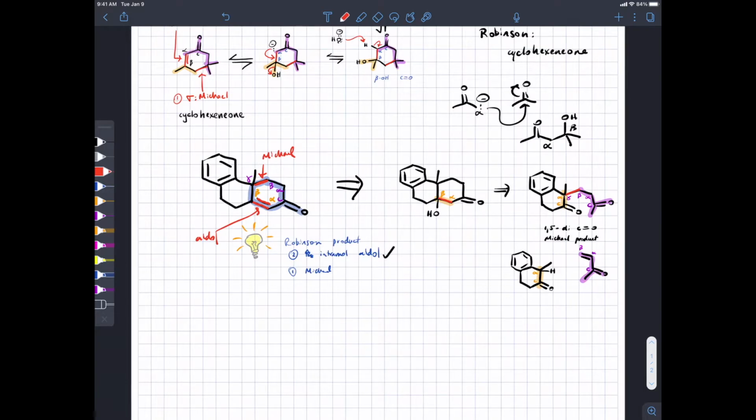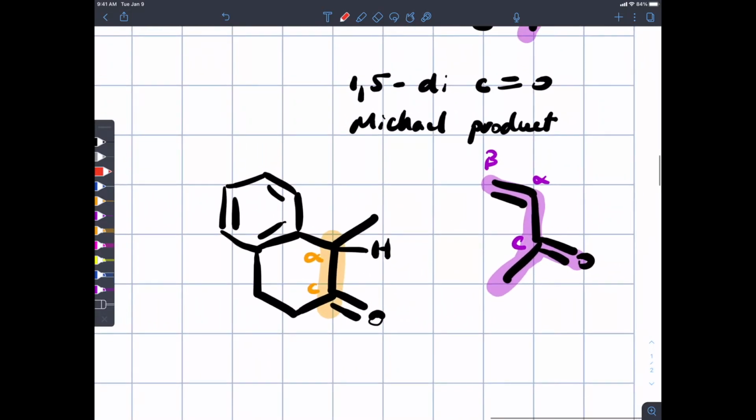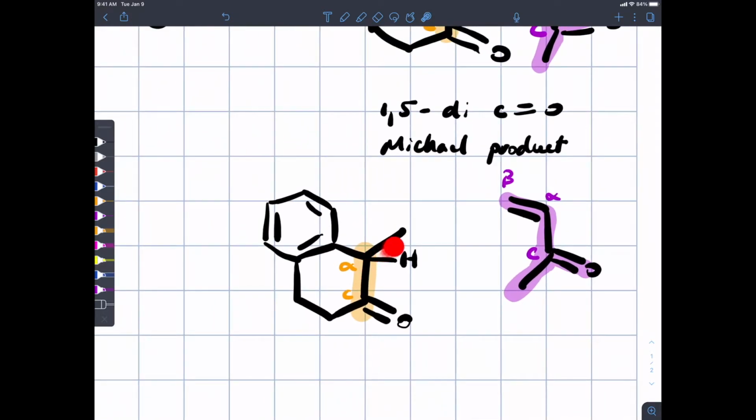So, go ahead. Does it always have to be an enone? Could you use a beta keto ester? You could certainly use a beta keto ester as a nucleophile in a Michael reaction.